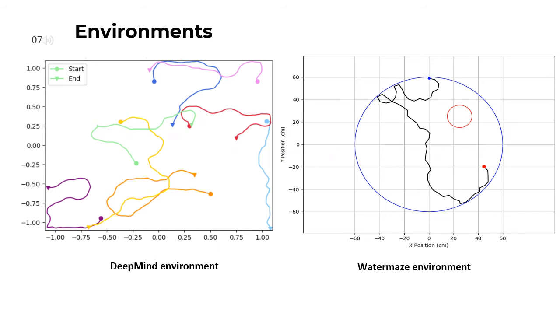One of the key findings of our project is the role of the environment in the task of path integration. We initially believed the path integration task is environment agnostic, so our original experimentation involved training on the square DeepMind environment that you can see on the left side of the slide, and then testing the agent on a circular water maze environment that you can see on the right side of the slide.